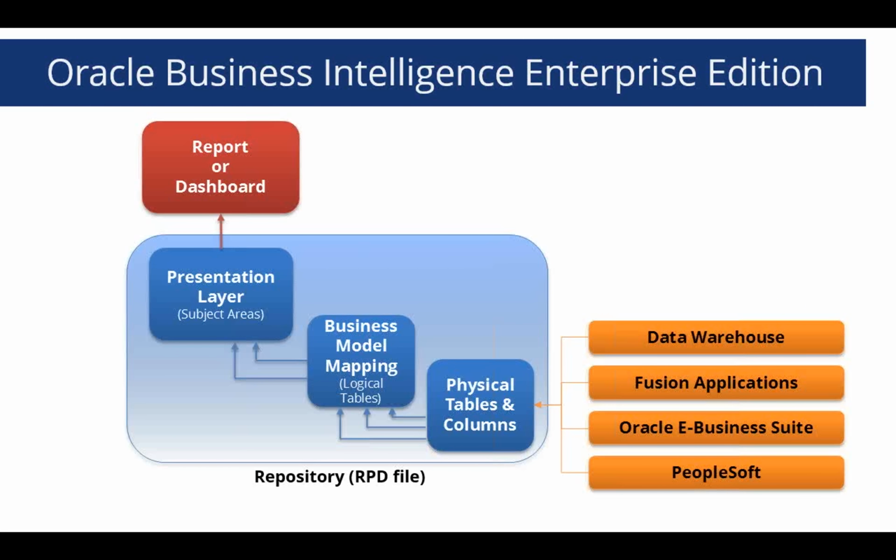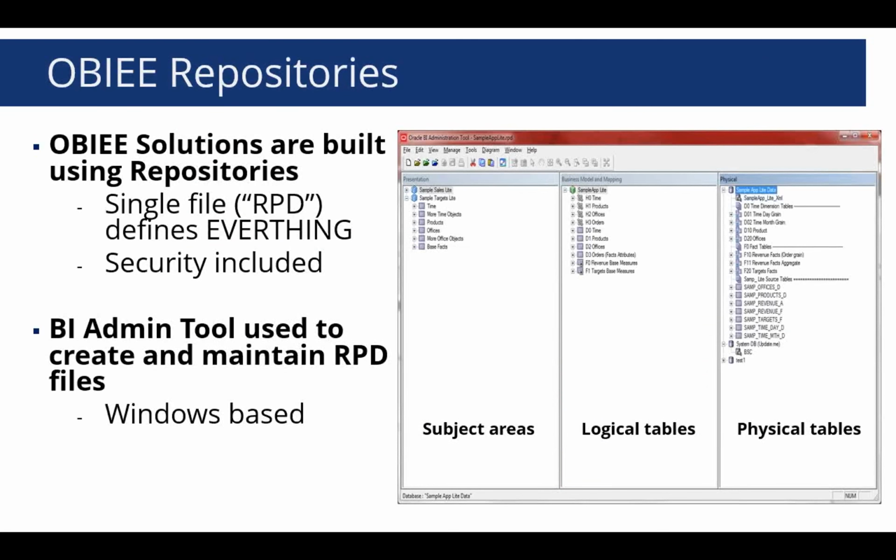At the business model mapping layer, the BMM layer, you are building logical tables that could point to one or more physical tables. The presentation layer is built of subject areas, and those could also be built of one or more logical tables. The idea here is that the repository file itself defines everything.